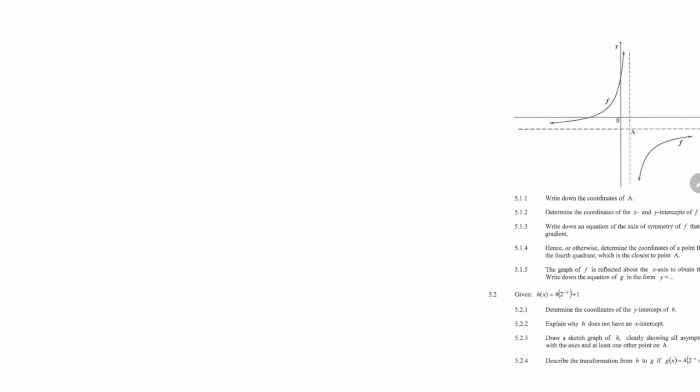Alright, so we have an equation of an exponential graph, which is h, and h of x is equal to 4 multiplied by 2 to the power minus x, close bracket, plus 1. So 5.2.1 says we must determine the coordinates of the y-intercept of h.